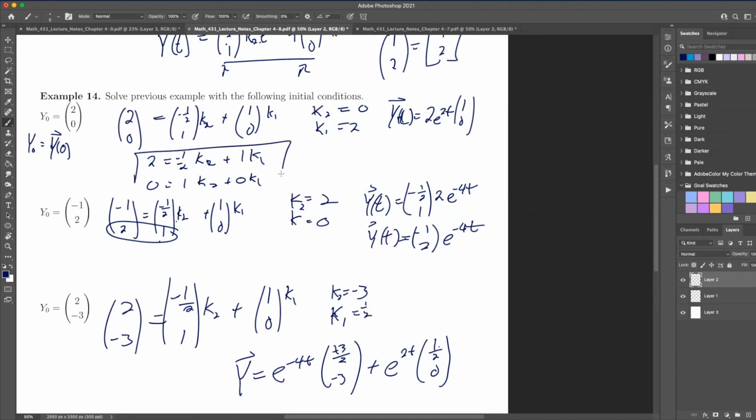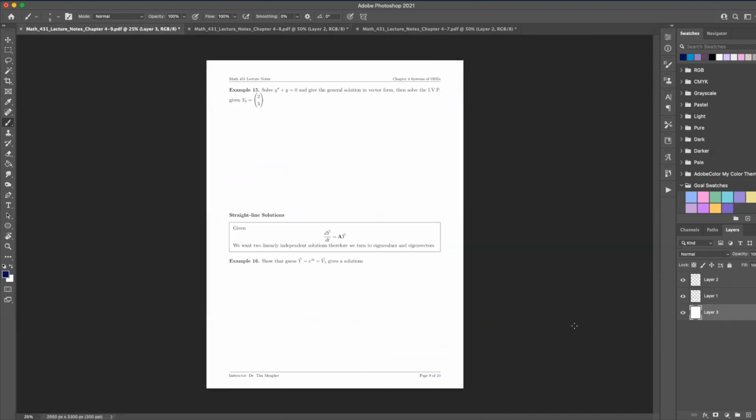If you get lost, go ahead and expand this out into a system of equations: 2 equals 1/2 K2 plus 1 K1, 0 equals 1 K2 plus 0 K1, and then solve this using RREF. We'll solve more of these, trust me. Okay. All right. Let's do the next page.